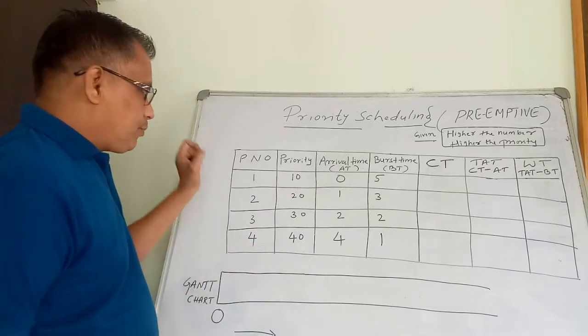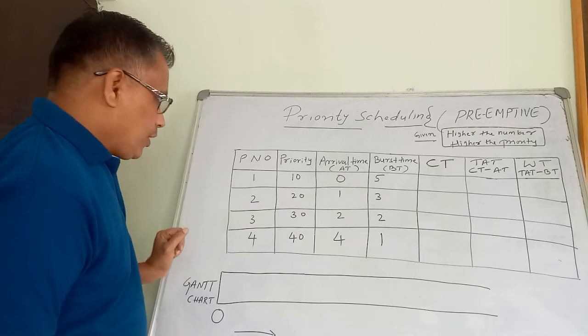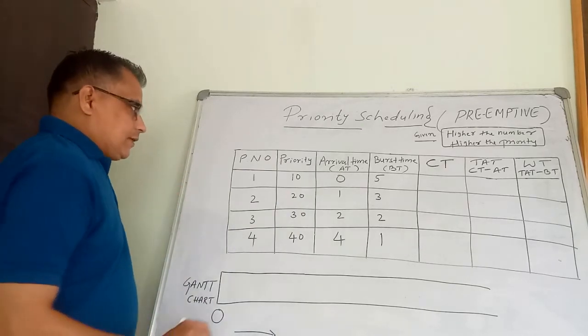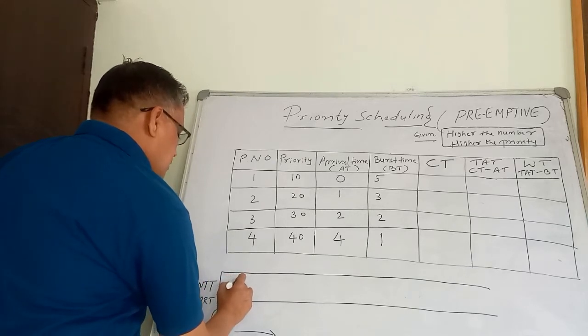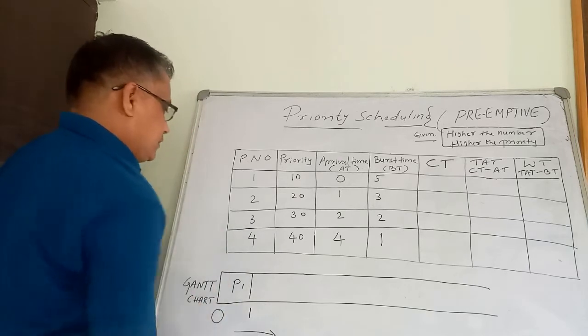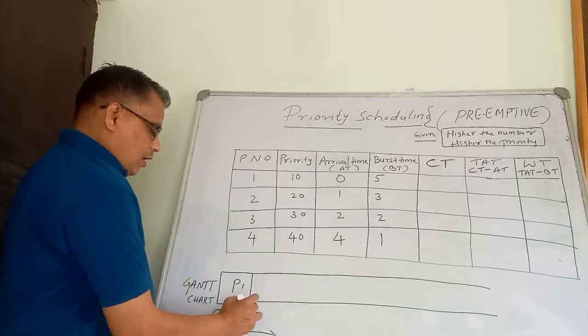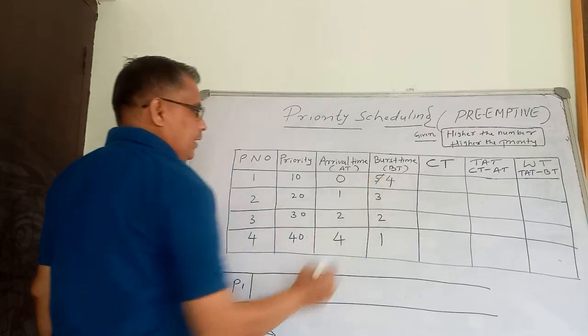If the arrival time of the particular process is 0, then you have to schedule it for 1 second. Now you can schedule this P1 for 1 second. That means how much is remaining? 5 minus 1, 4 is remaining.